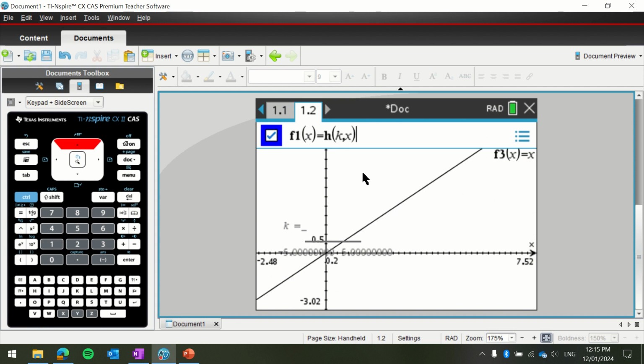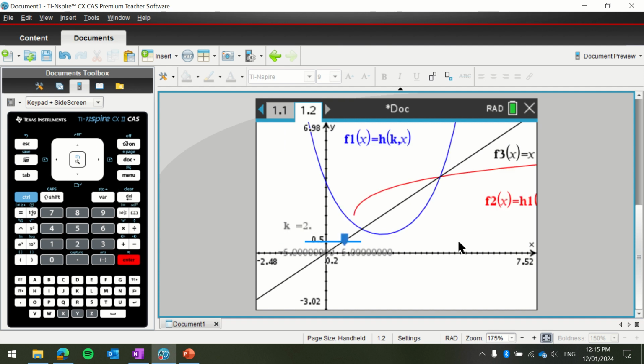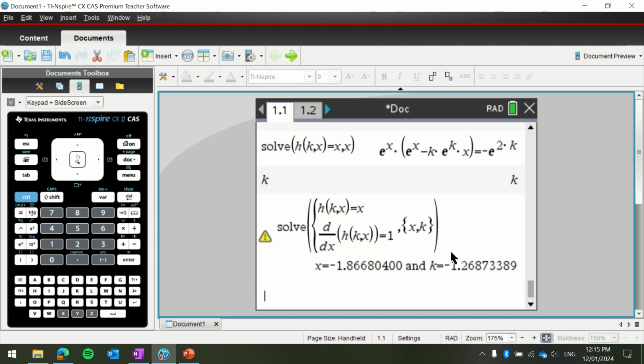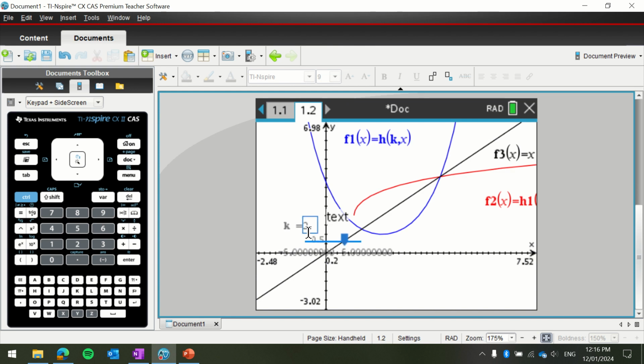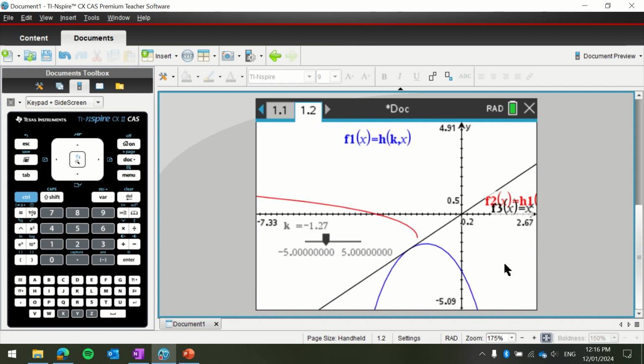Well, let's bring the slider back. If the CAS says k is negative 1.27, let's do it.